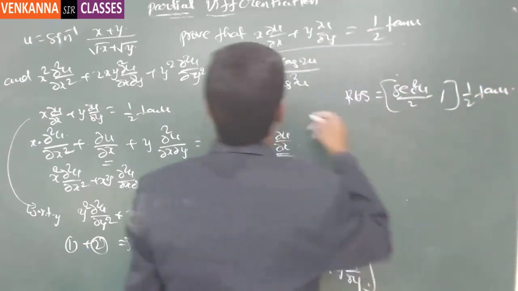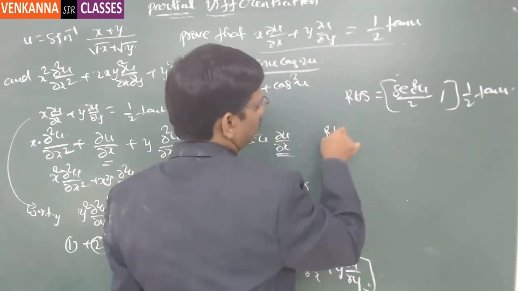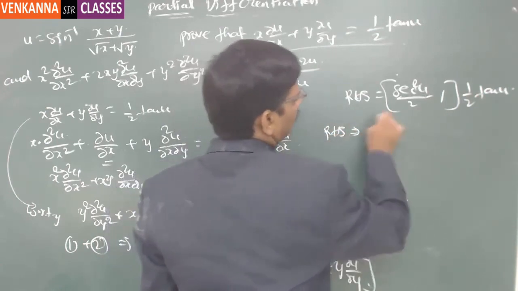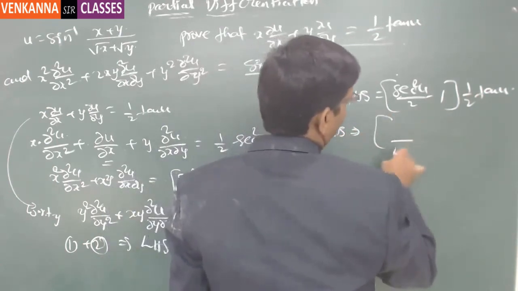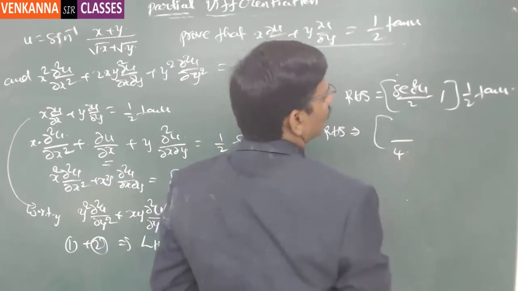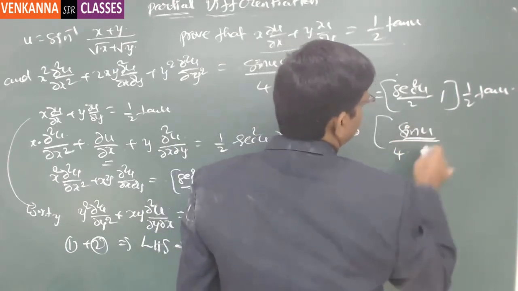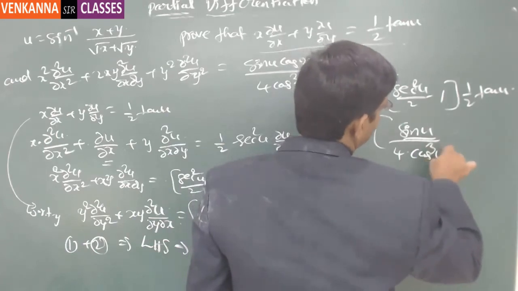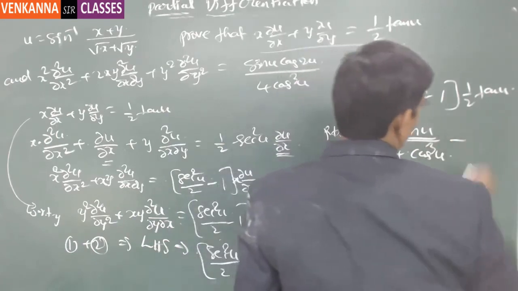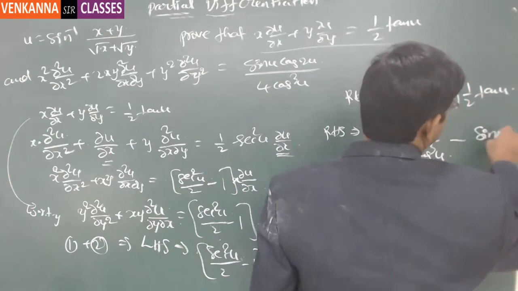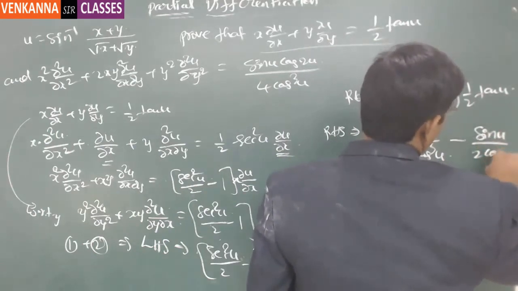Multiplying this, RHS is equal to 1 by 4 times secant square into tan u, that is sin u divided by cos cube u, minus half sin u by cos u.